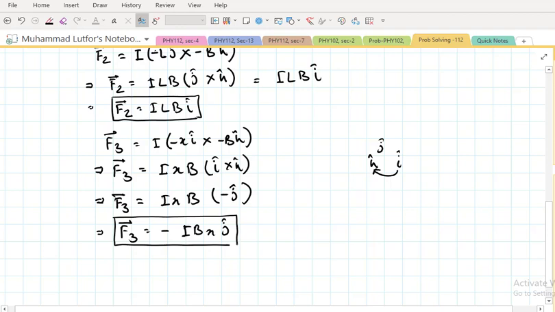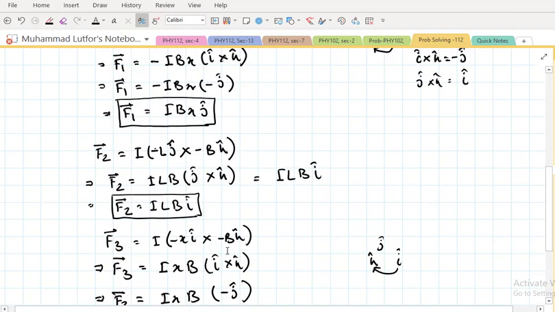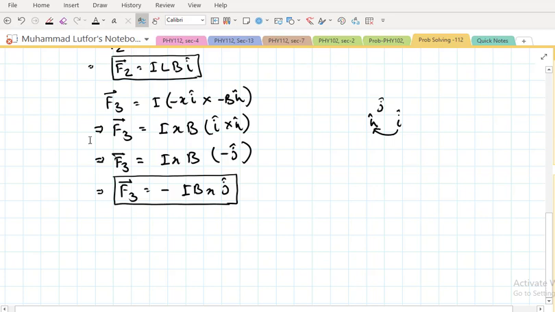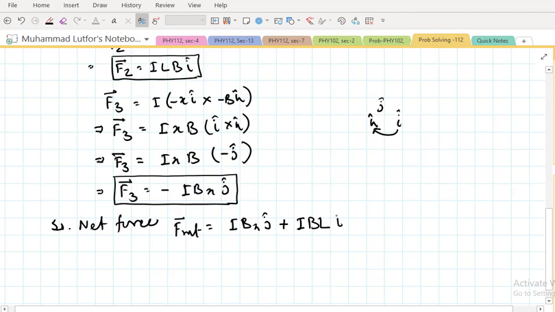So this is my F3. Now I'm going to add them together to find the resultant force or the net force. The net force would be I B X J hat, which is F1, plus I B L I hat, plus F3.